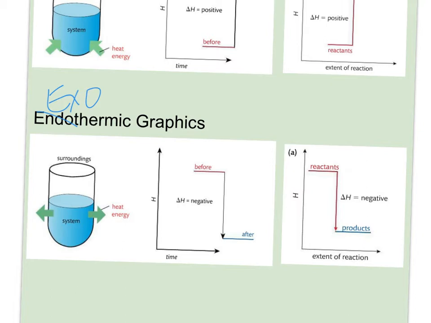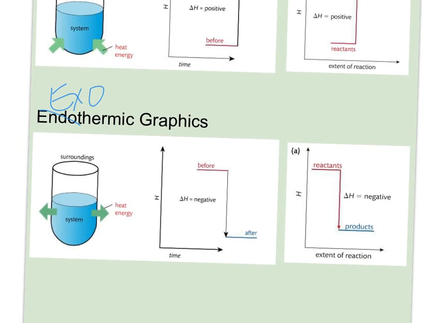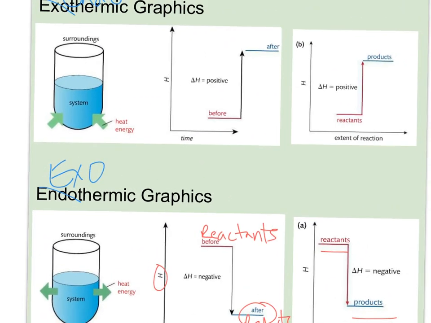So you see up here, this is your reactants with their potential energy, or H, their enthalpy before, and after, the products have less potential energy. So that shows me there's a decrease in energy, or release of energy. Here they haven't marked reactants and products, and instead of time they call it the extent of the reaction. And then if I go back up here, the endothermic is just the opposite.